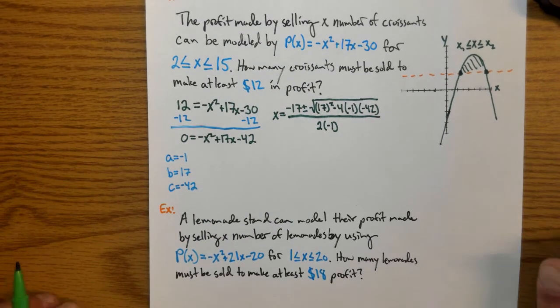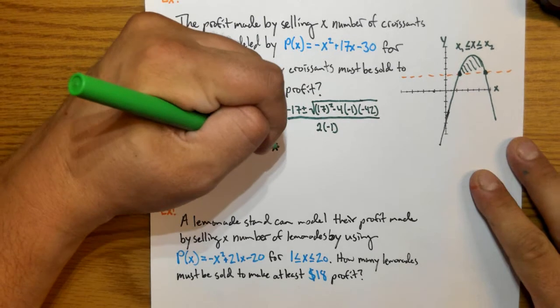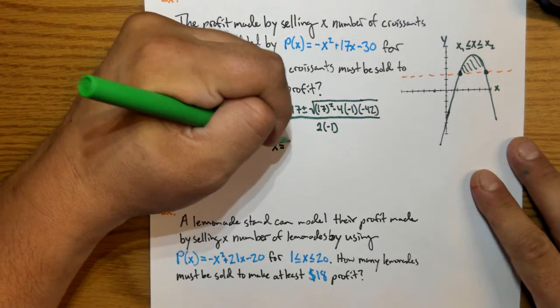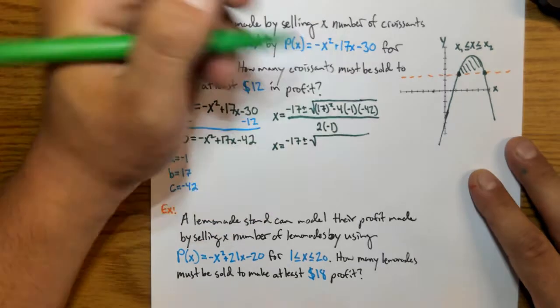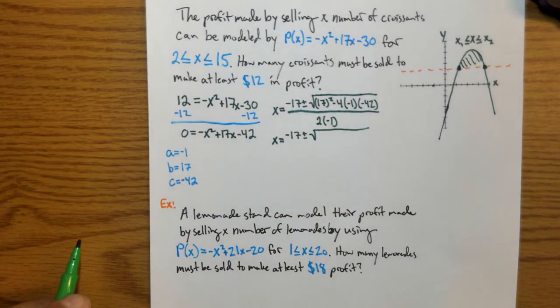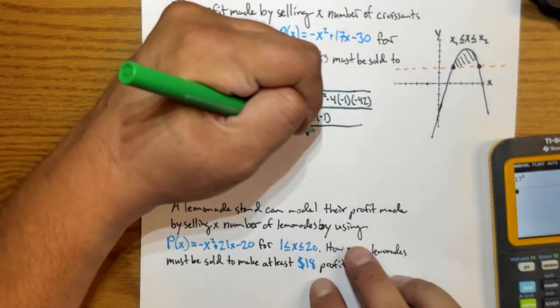Okay, so now let's simplify, again, like we read a book. So x equals, there's nothing to simplify here, negative 17 plus or minus square root of, oh boy, I'll need to get my calculator out for this because I don't have 17 squared memorized. 289.